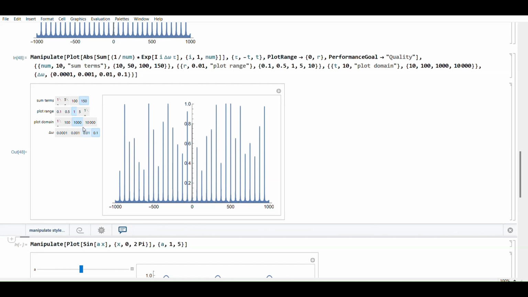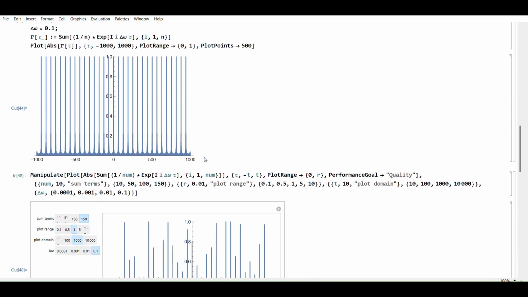So periodicity is governed solely by delta omega, whereas the width of the peak can be controlled either by changing the number of terms in the summation or by changing delta omega. In both cases, if you increase the number of terms or delta omega, the width of the peak will decrease. So this was about these plots and simulations.